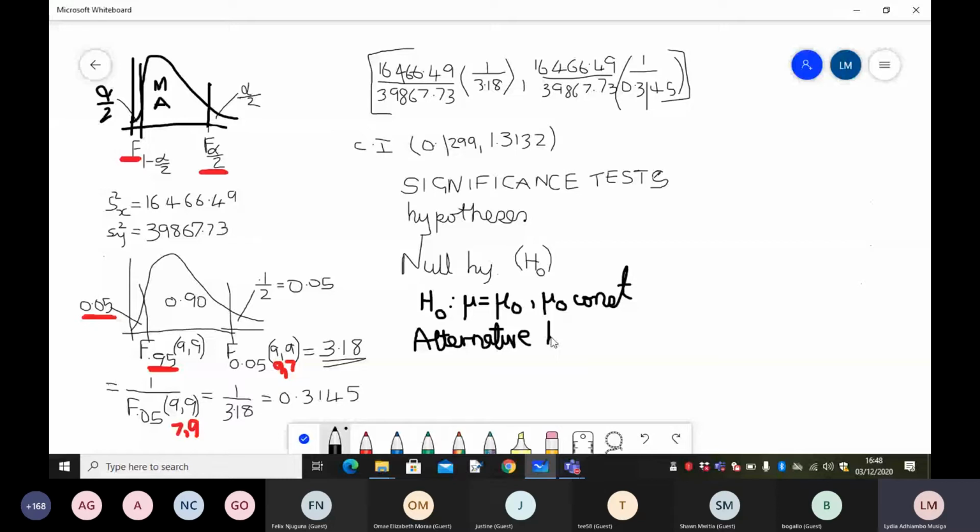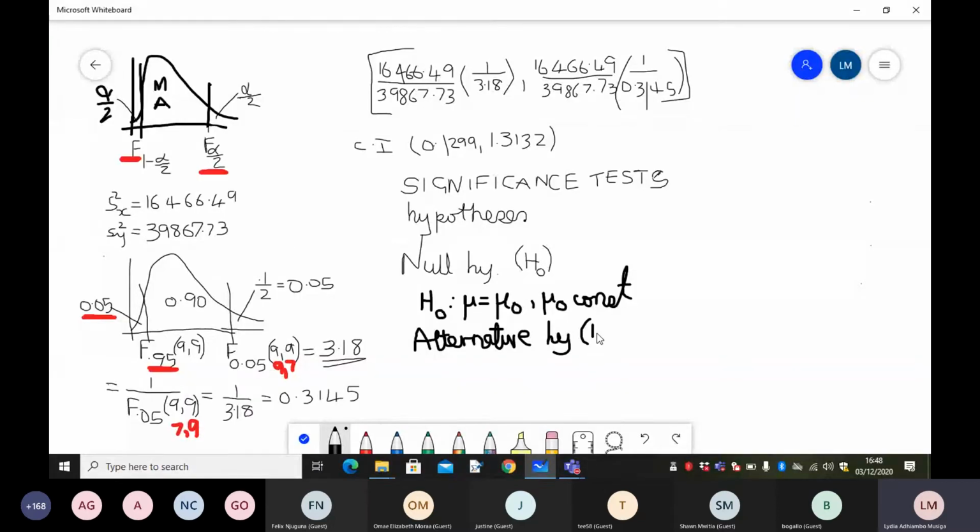And how is it denoted? The alternative hypothesis is denoted by H1. In some books you'll find that they denote it by HA, but I will just use H1.